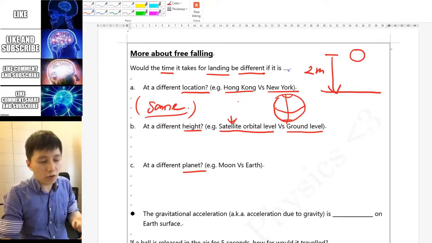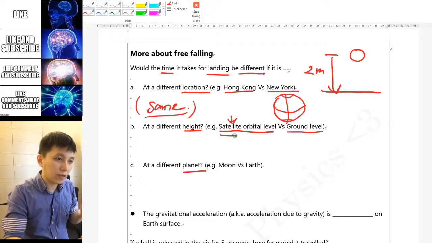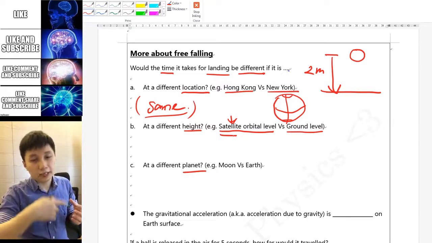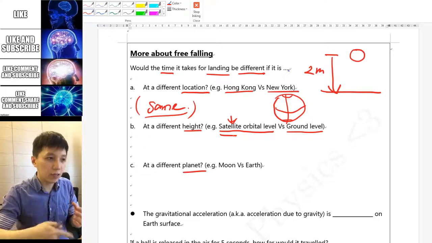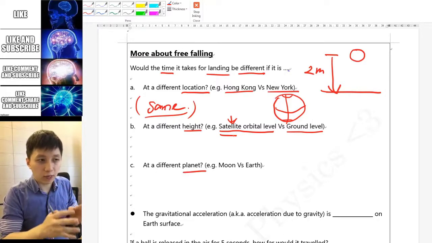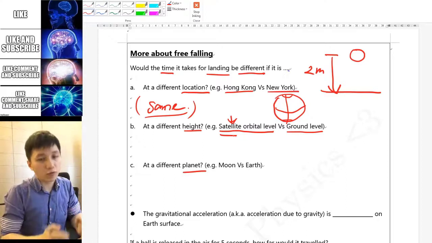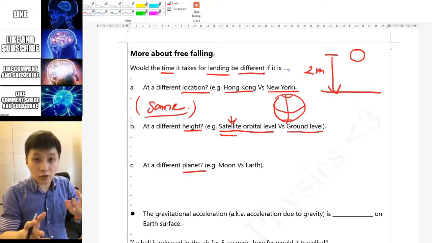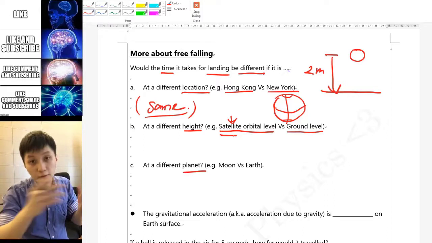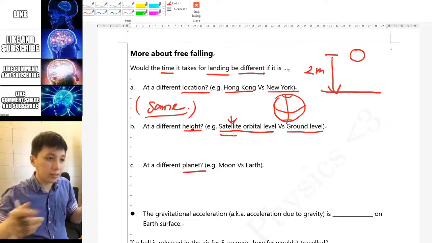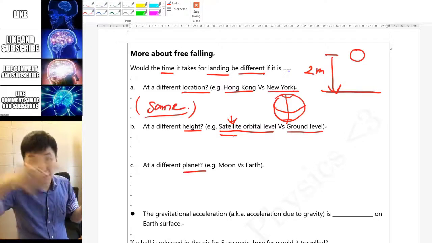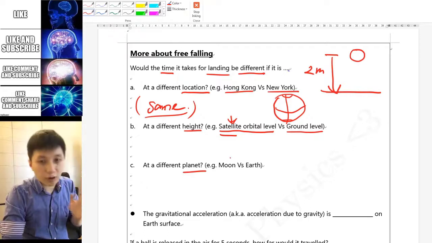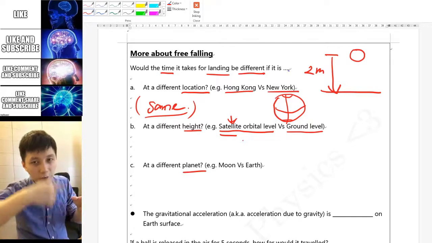I would say no. For a satellite, whenever it can orbit, that means there must be a certain effect of gravity acting on the satellite so that it can stay with the Earth. Imagine this: without gravity, while the Earth is orbiting around the Sun, the satellite would not follow, right? It doesn't make sense, and the satellite would just be gone. So there is gravity at the satellite orbital level.